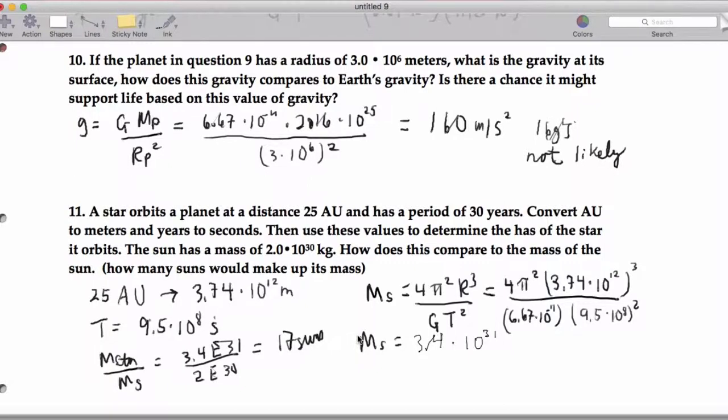I'm pretty sure a star this big collapses into a black hole when it dies. So we'll have to be clear on that.